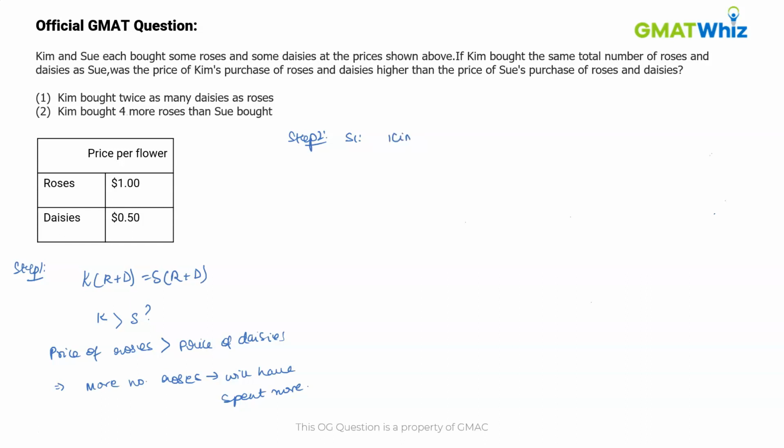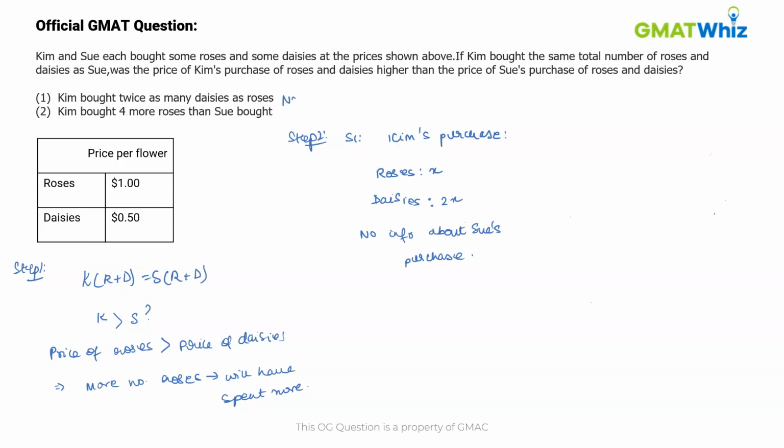So if she bought X roses, then the number of daisies Kim bought is 2 times X. But here we have no information about Sue's purchase. Hence, statement 1 is not sufficient because it does not tell us about the number of roses or daisies that Sue purchased, so we cannot compare the price spent.